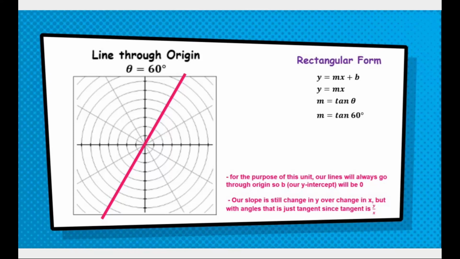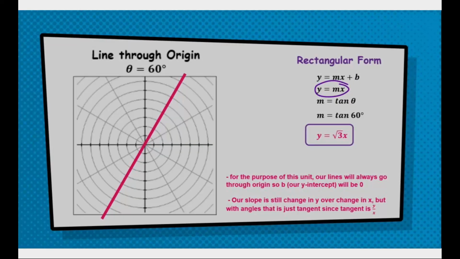So the tangent of 60 degrees. What we did, we found our slope. We found our m, so I'm plugging this back in. The tangent of 60 degrees is square root of 3. So now that is what the equation of my line is: y equals square root of 3 times x.